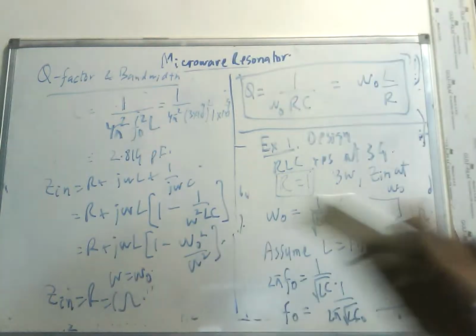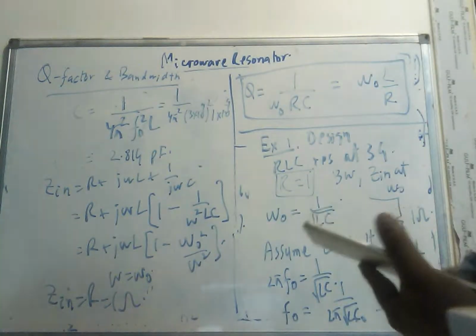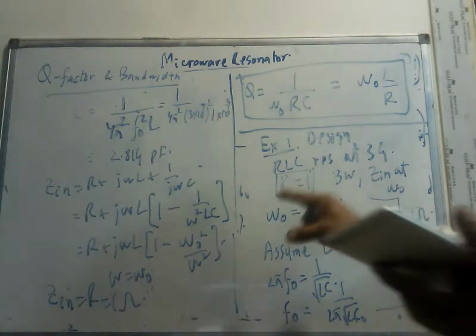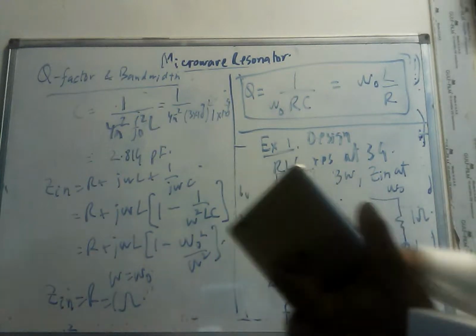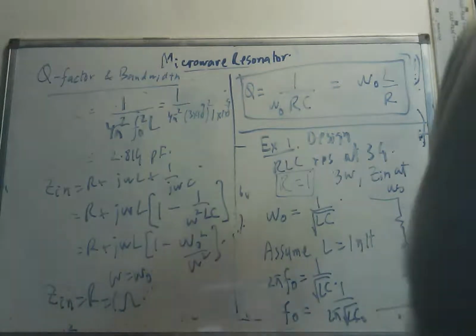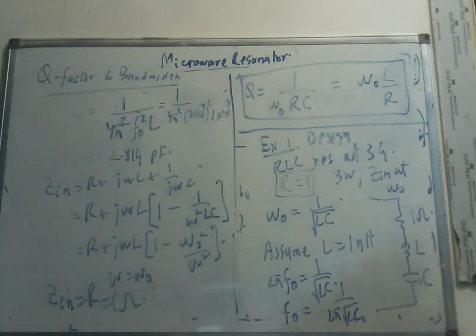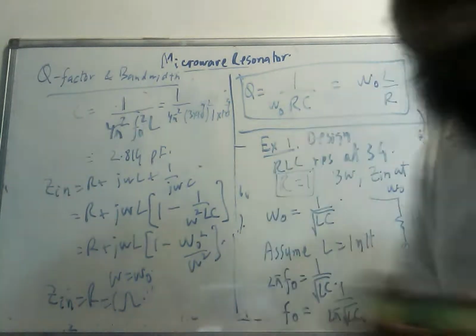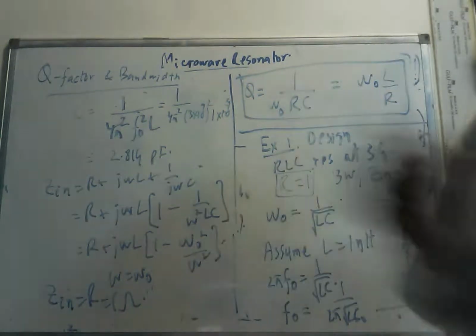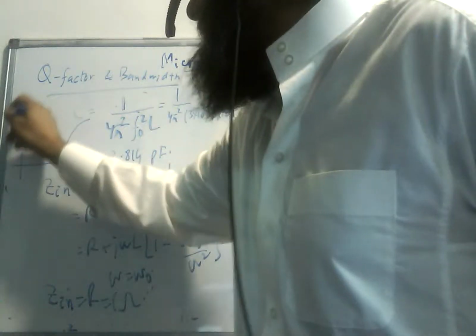All right. Now for the bandwidth, it is difficult to find from this. As I showed you before, this is my curve of Z input. So this is 1 ohm.